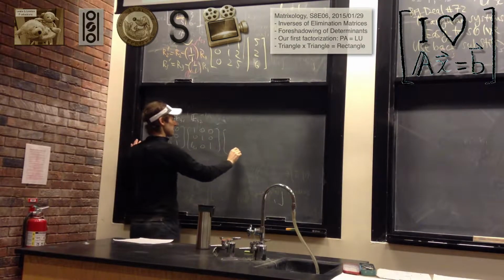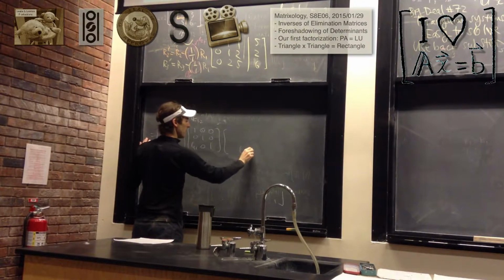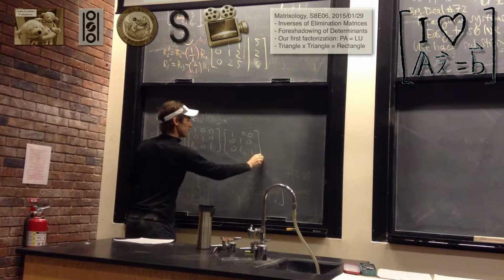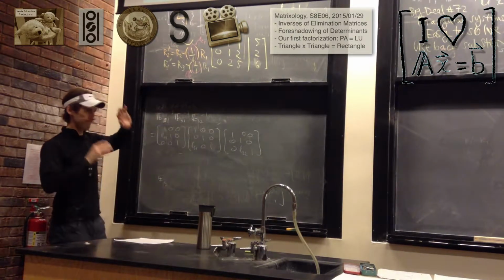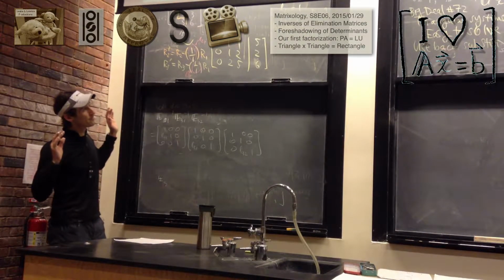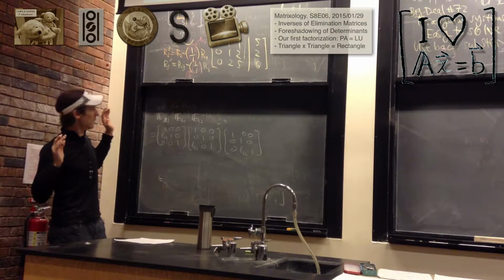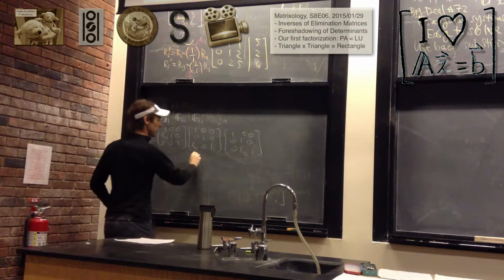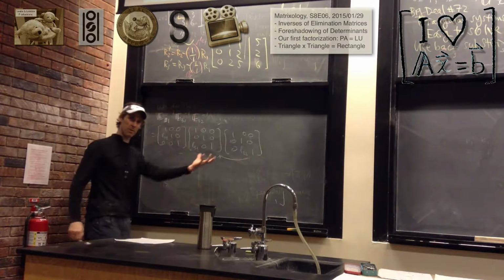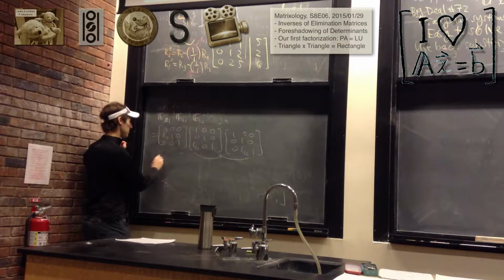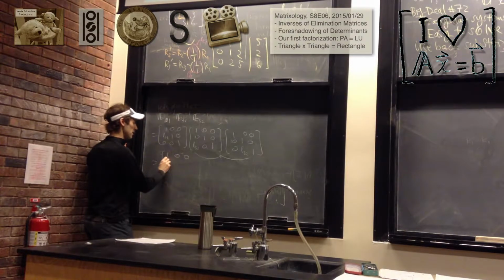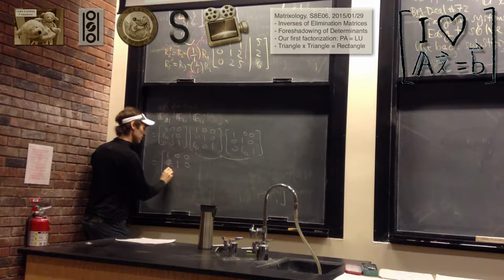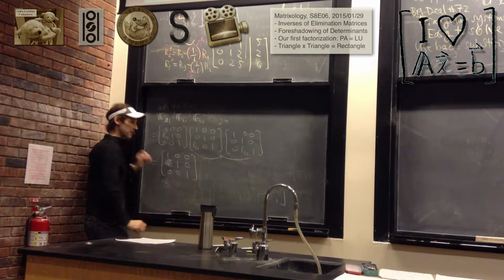And then this is L32, 1, 1, 1, 0, 0, 0, 0, 0. Good. We got this right? So let's do these two first. We're going to multiply these together. So I'm going to leave this one here. 1, 0, 0. There's an L21. 1, 0, 0, 0, 1. This is very strange.